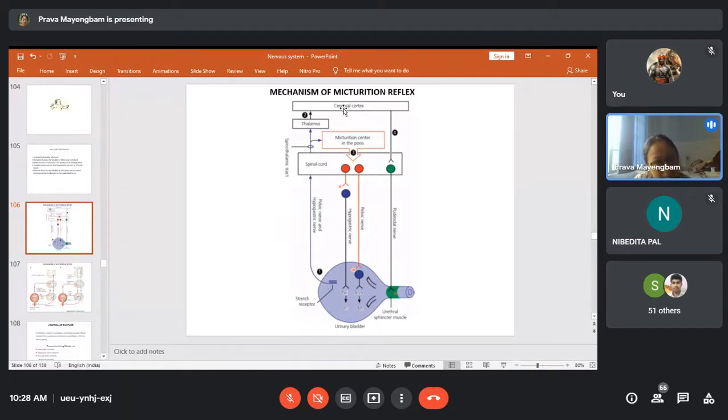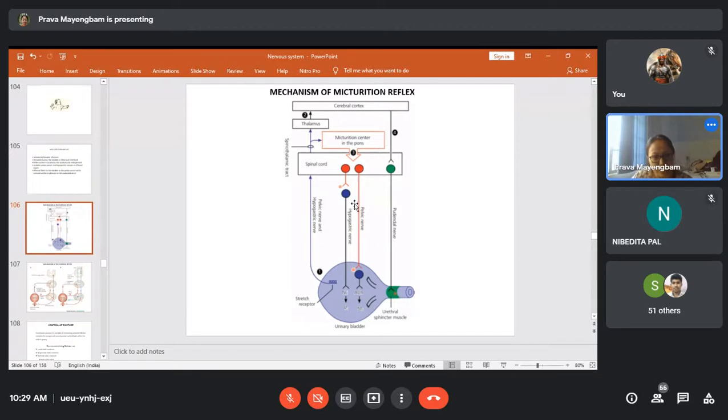By the time the animal is feeling that the urinary bladder needs to be emptied, the micturition center will be stimulated and also the cerebral cortex will be stimulated. When the pontine micturition center is stimulated, the two nerves, the hypogastric nerve and the pelvic nerve, will become very active.